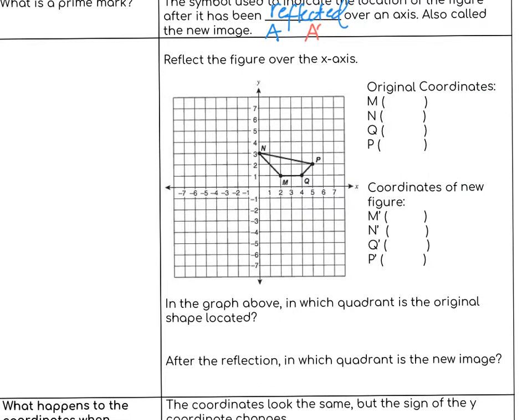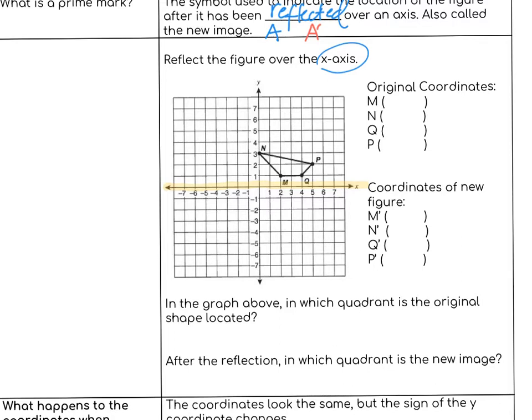Okay, so this first one, we are going to reflect over the x-axis. So let's go ahead and highlight the x-axis that goes horizontally. Okay, so that means we're going to flip it onto the other side. So right now our figure is in quadrant 1 and we're going to reflect it into quadrant 4.